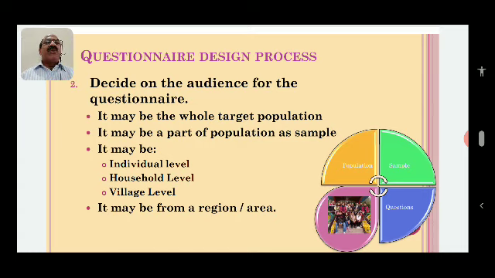So you can formulate many target populations, and part of the population you will be taking as a sample. Suppose you have 50,000 as the target population, then accordingly you will decide whether you will be taking 200, 100, or 500 samples. We will discuss all this, how to take a sample, in the next lecture.